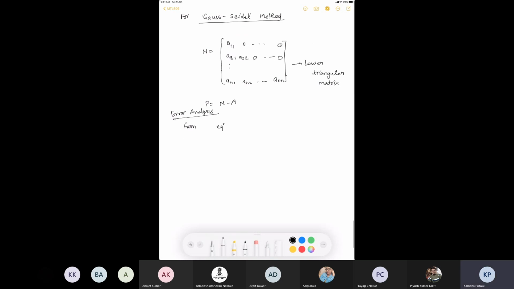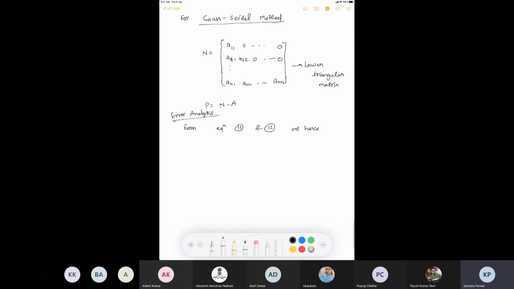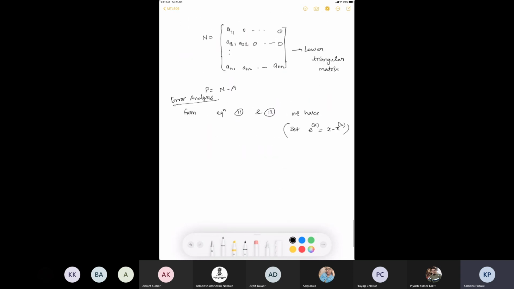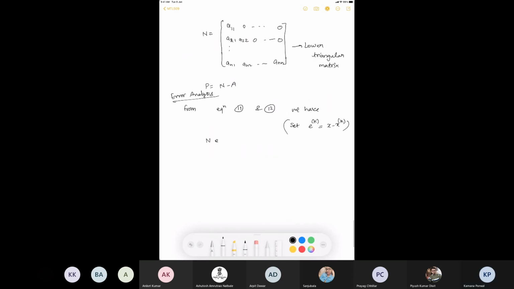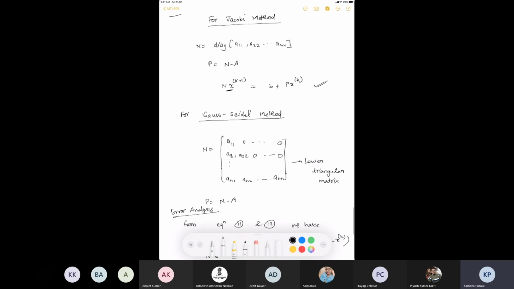So from equation 11 and 12, I can write down, if I use the same notation, ek for x minus xk, then I can write down that N times ek plus 1 is going to be, b is going to be the same in both the equations, so b will cancel out.